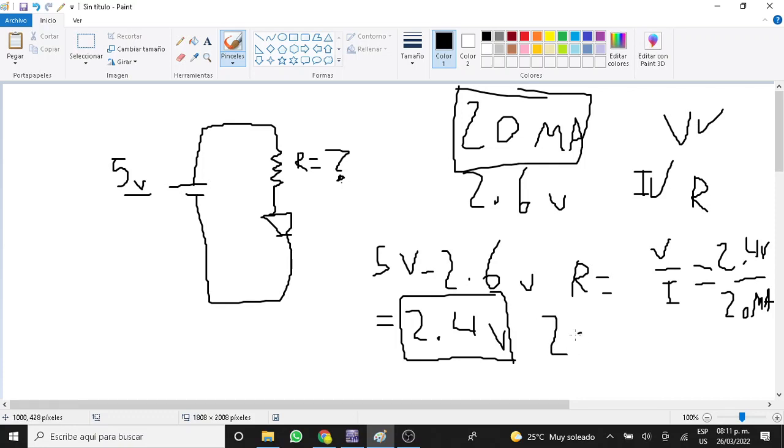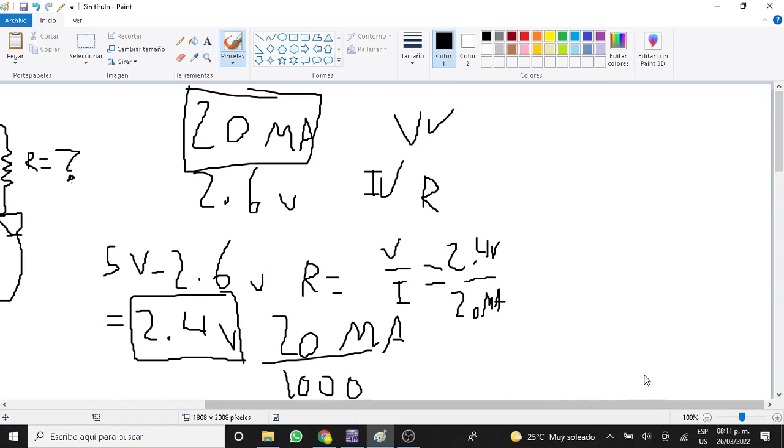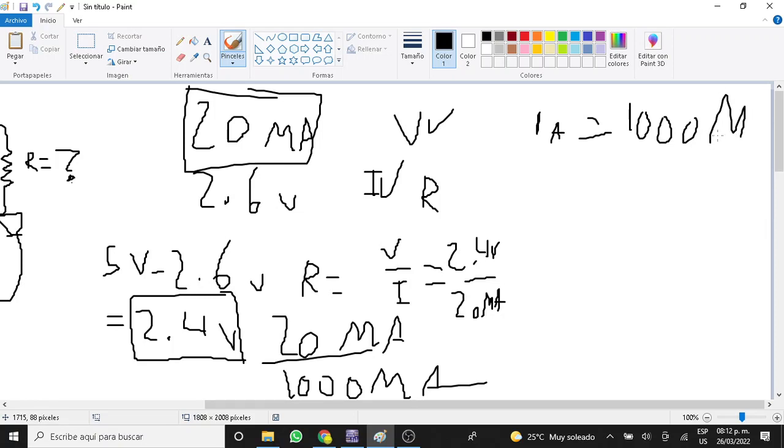So 20 milliamperes divided by 1000 milliamps. One ampere is equal to 1000 milliamps.